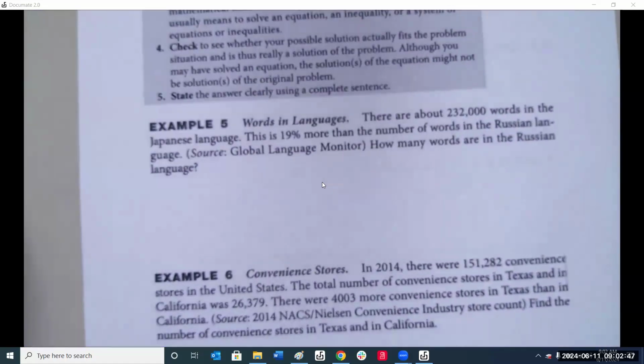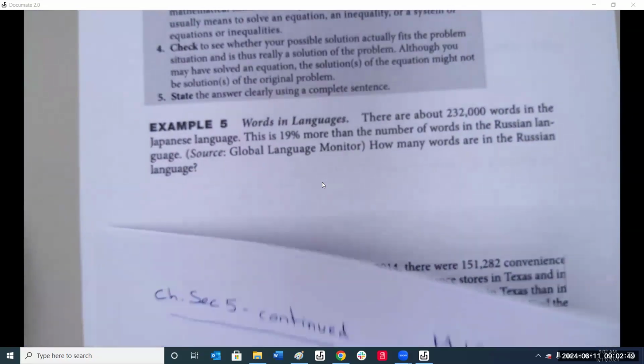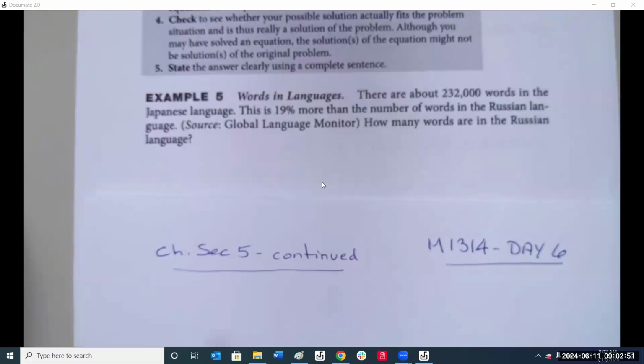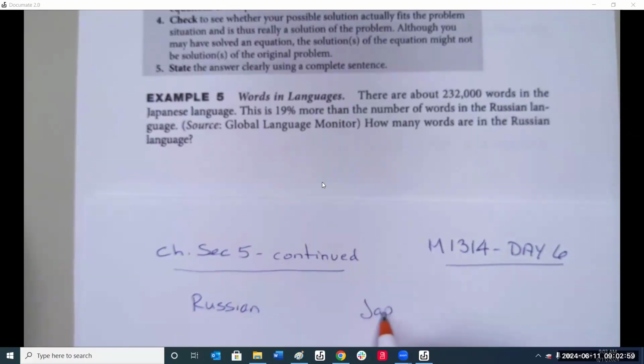So what are we given here to deal with? We know we have Russian and Japanese.